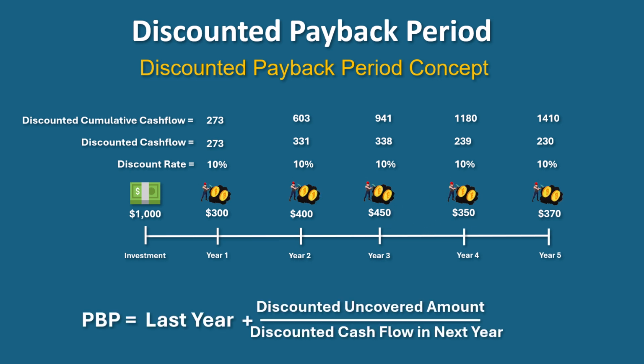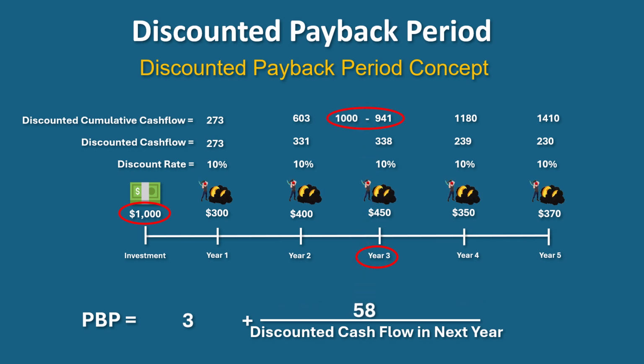Now put the data in the formula to calculate the proper payback period. The cumulative discounted cash flow after year 3, the uncovered amount, is $1,000 minus $942 equals $58. The discounted cash flow in year 4 is $239.